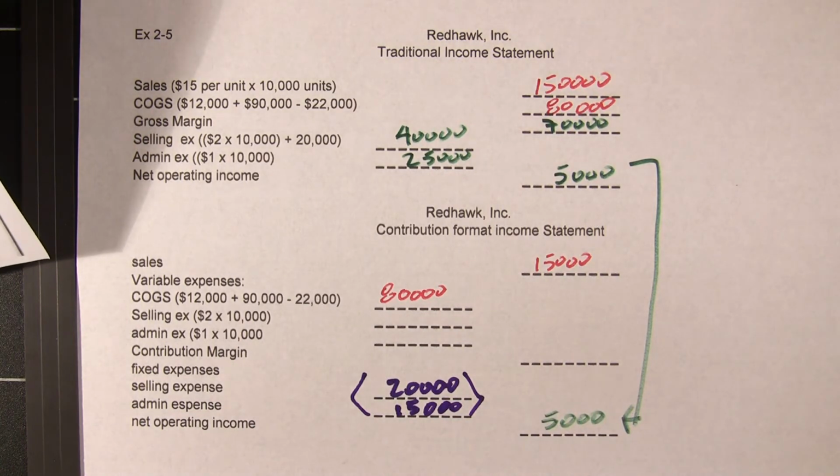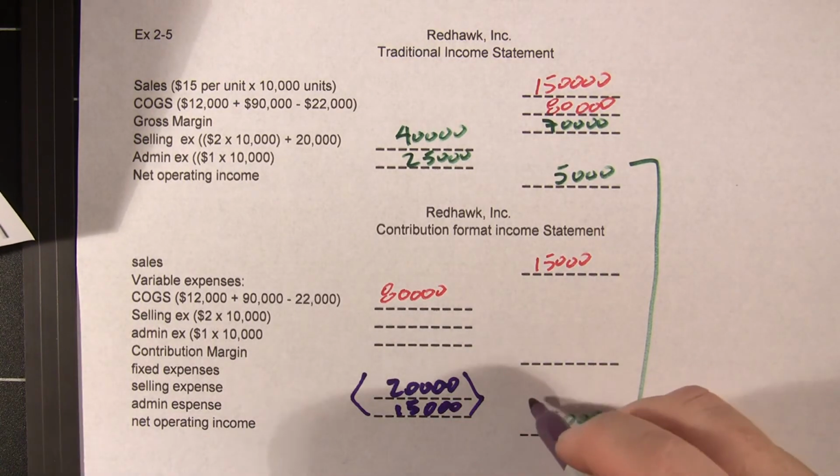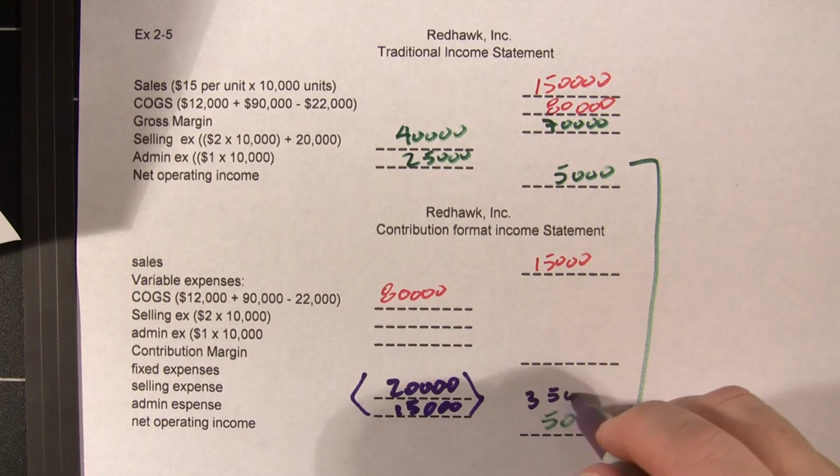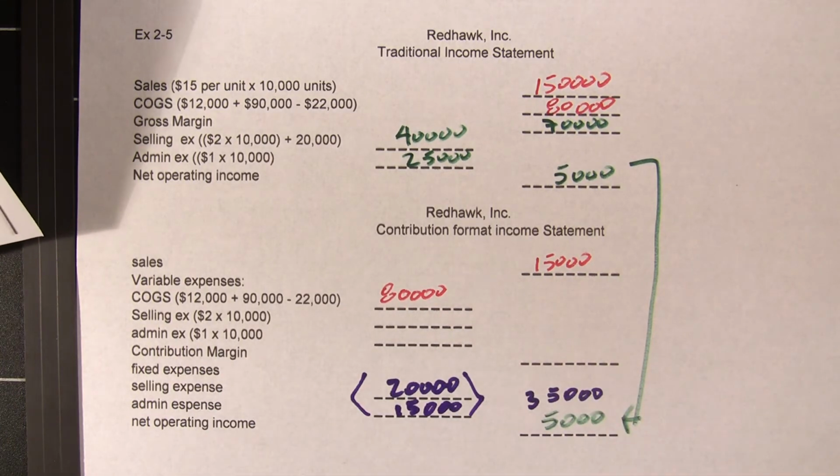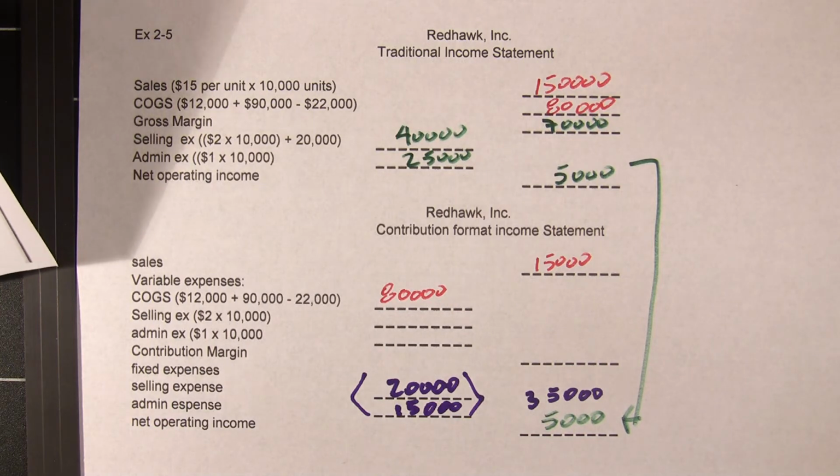When we're all done, we have $35,000 of fixed expenses, and we're going to treat those as fixed expenses.